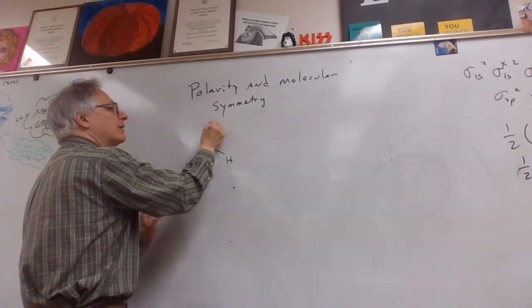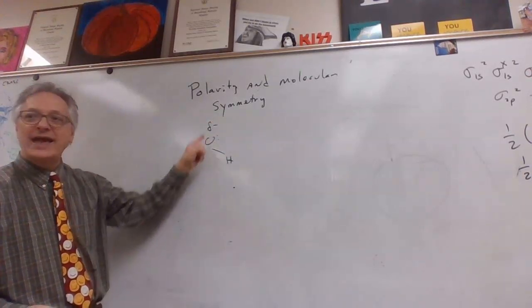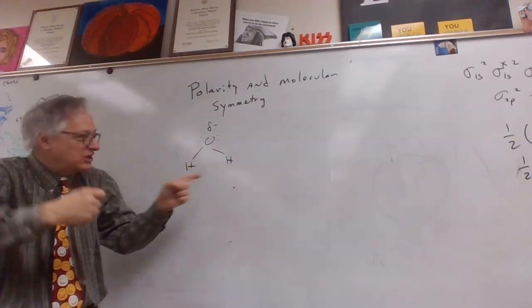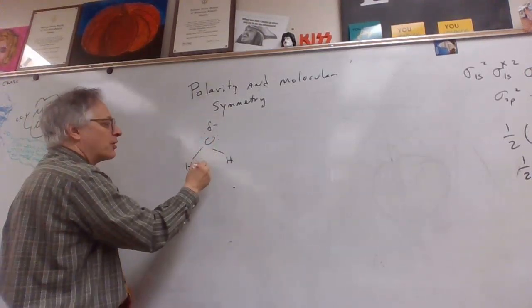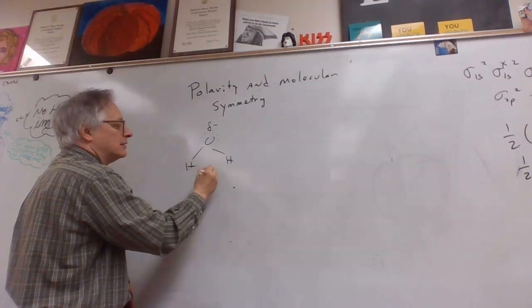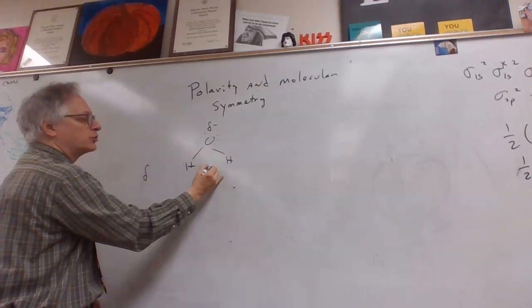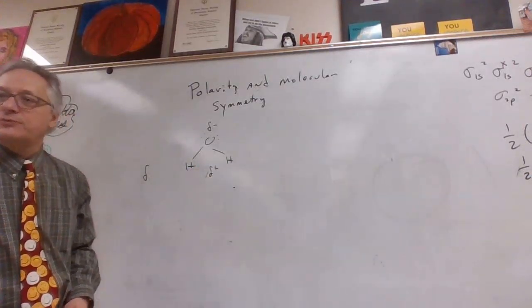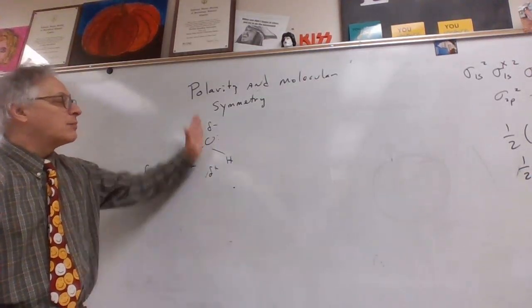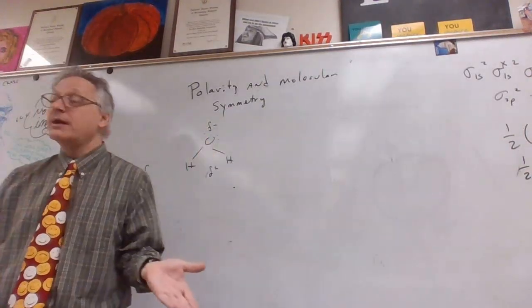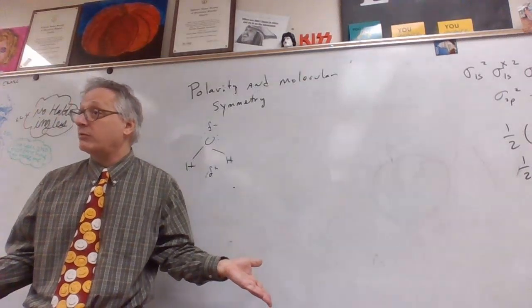So this part up here is going to have a partial negative charge because oxygen's very electronegative. It wants to suck those electrons toward itself. And this part down here is going to be, that little squiggly thing is a lowercase delta, it means partial positive charge. So we say this molecule is polar because there's charge separation in the molecule, just like a magnet has a north pole and a south pole, right?